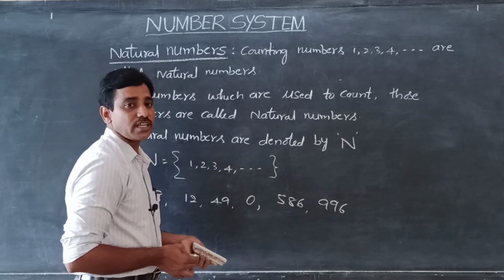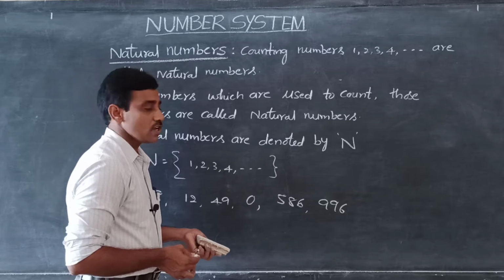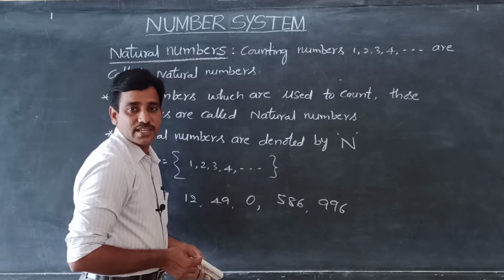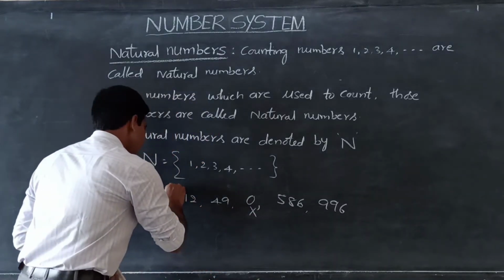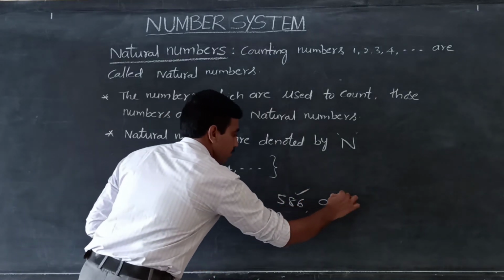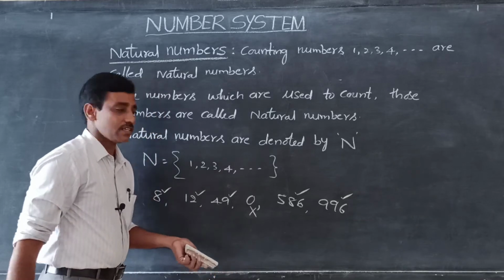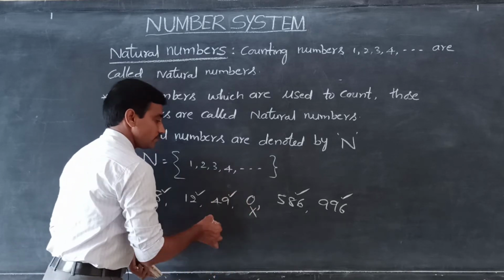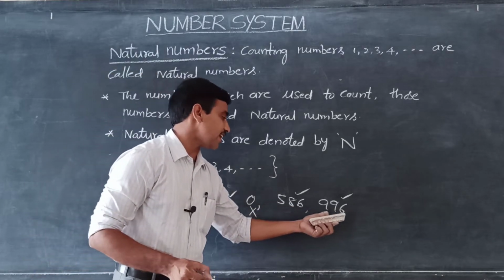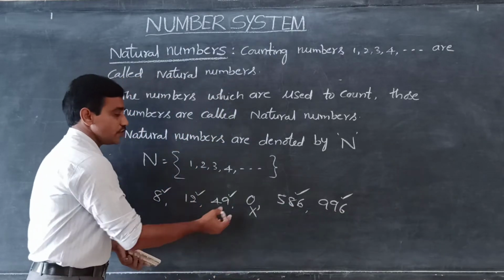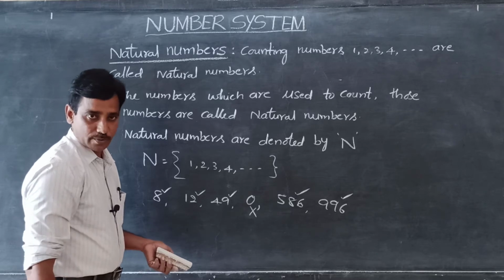We can't take 0 for counting. So 0 is not a natural number. Remaining are natural numbers, right? So here 8, 12, 49, 586, 996 are natural numbers. 0 is not a natural number.